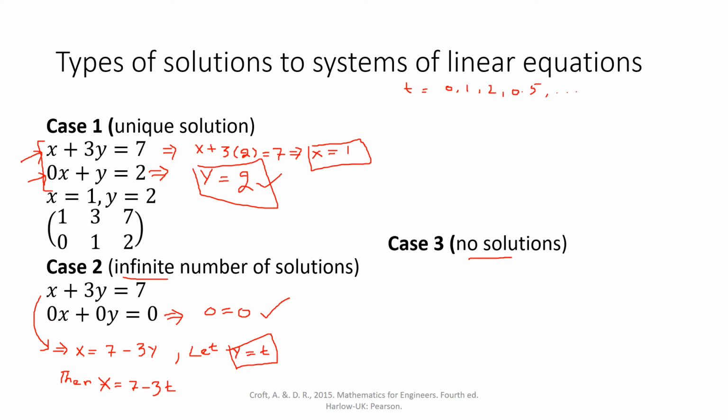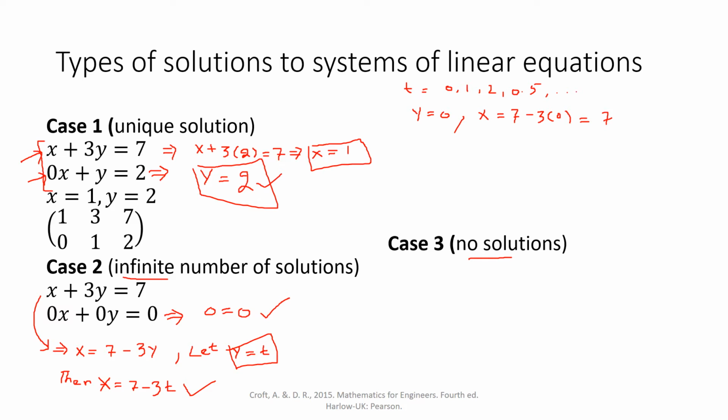If y equals 0, then x equals 7 minus 3 times 0, which equals 7.